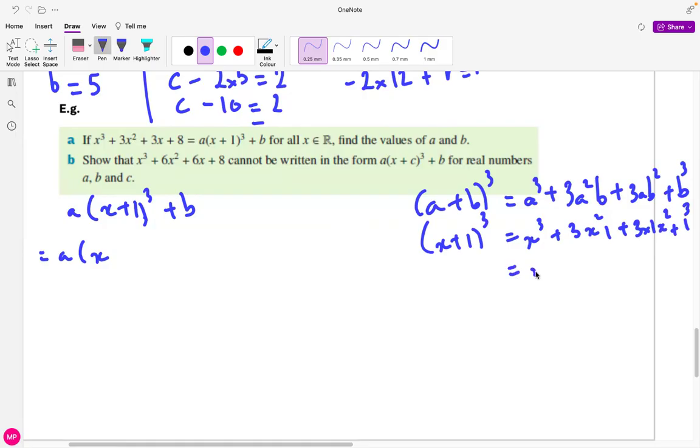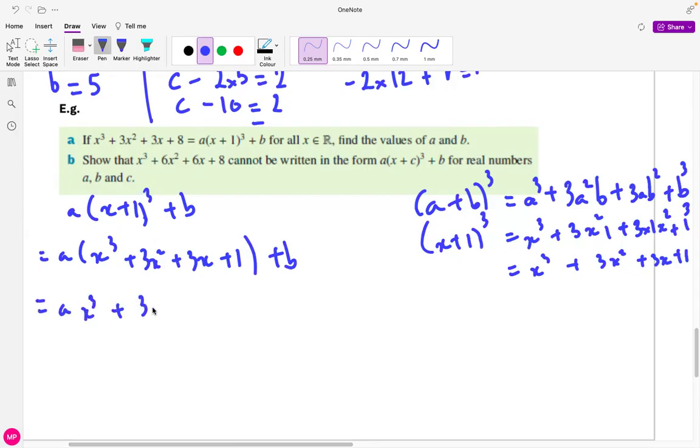So I simplify that: x cubed plus 3x squared plus 3x plus 1. And then I have plus b. So here you have ax cubed plus 3ax squared plus 3ax plus a, expanded, and plus b.